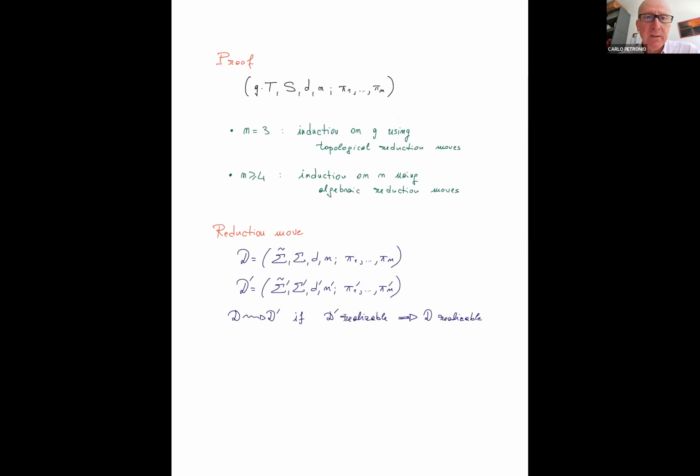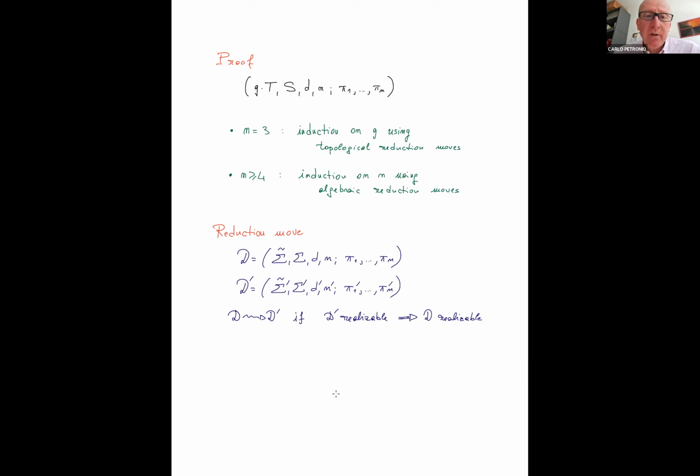And so the structure of our proof is the following. We want to realize a covering surface, a candidate covering surface of genus g, of a sphere, any degree, any number of branching points, any partitions with the last one of type s, d minus s. And so for n equal to 3, we use induction on g.